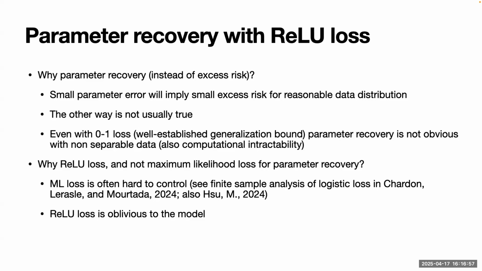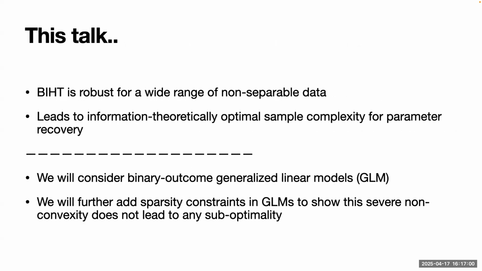For this talk, we have analyzed BIHT, binary iterative hard thresholding, for different kinds of problems. It is robust for a wide range of non-separable data, and it leads to information theoretically optimal sample complexities for different types of problems.